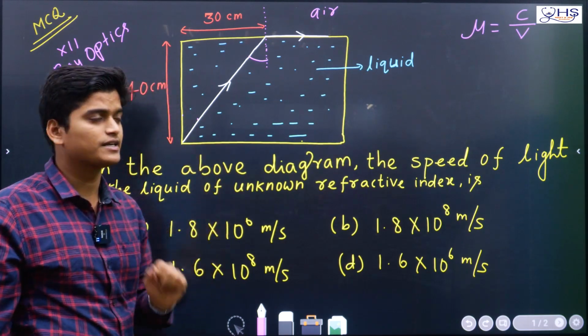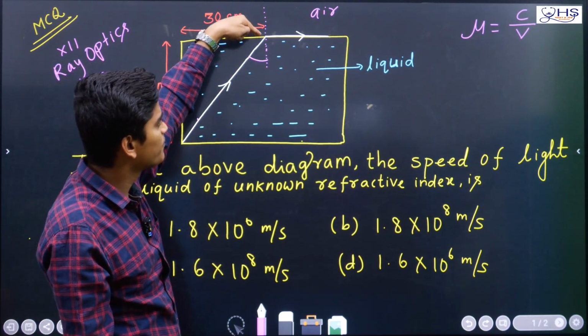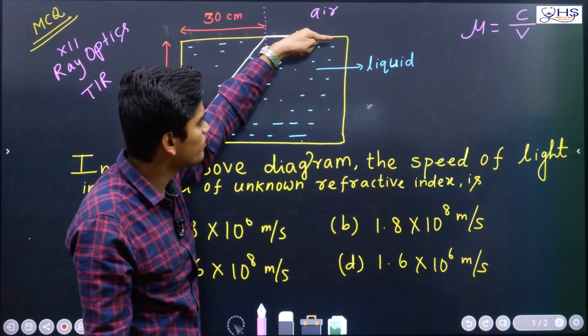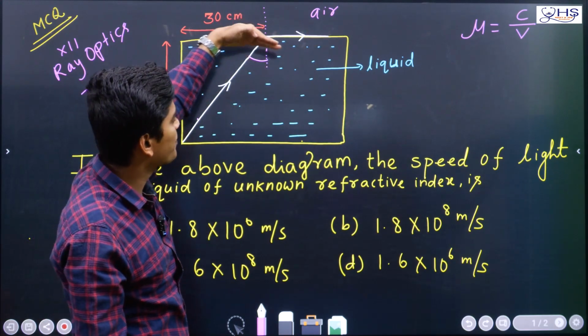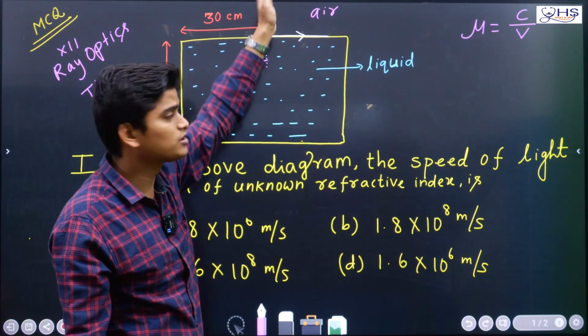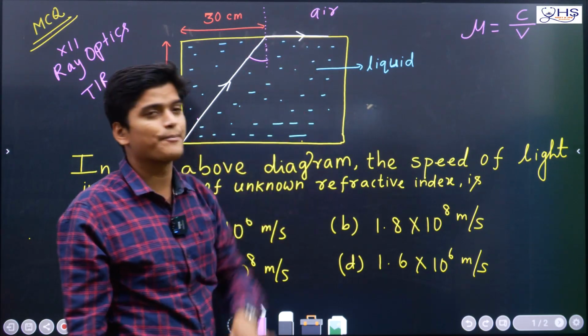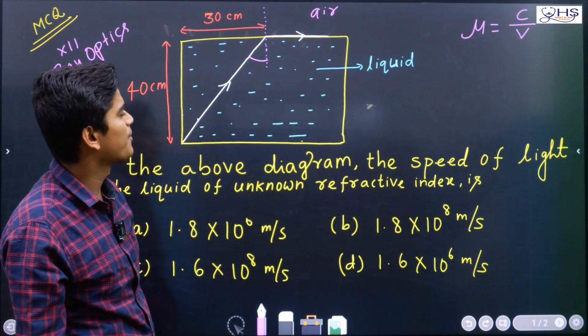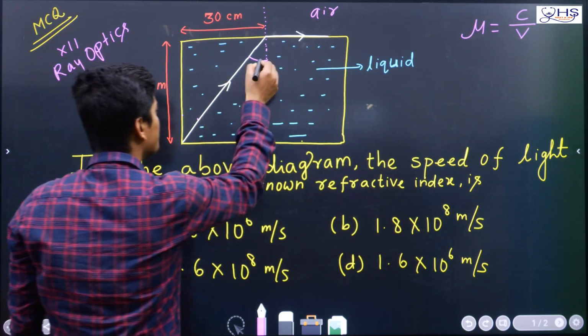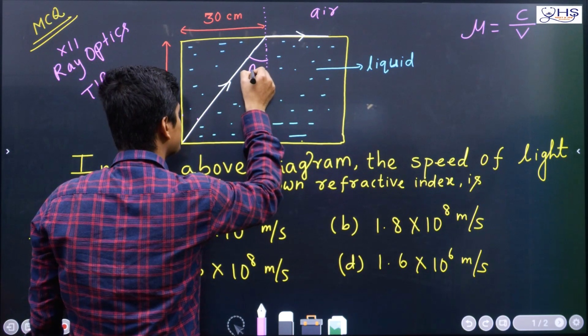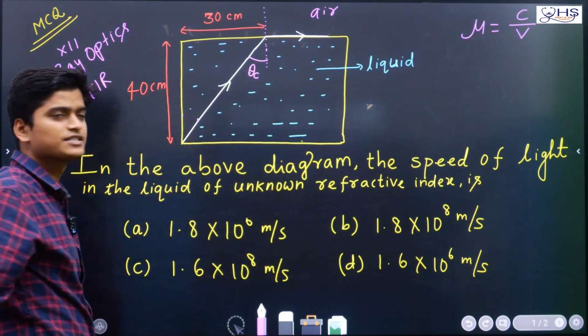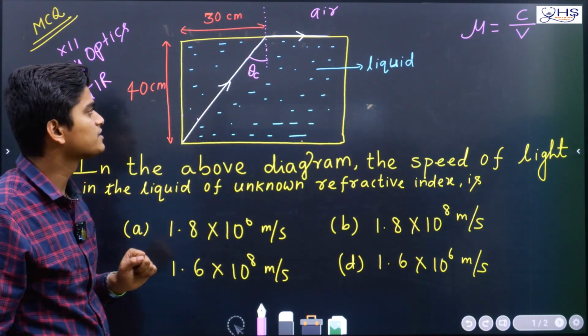That is TIR. But here light is not reflecting back, light is going along the boundary. Light is not passing into the air medium, refraction is not happening. So this is the minimum condition of TIR, that means this incidence angle I can take as theta c.